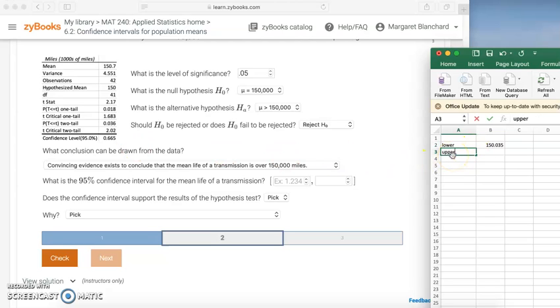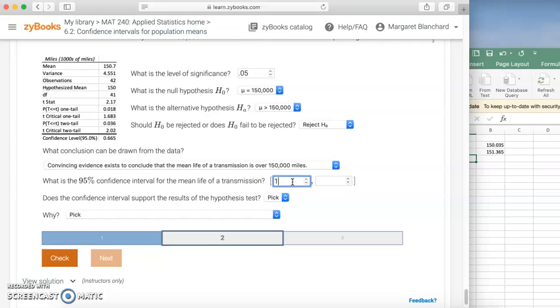Then our upper bound is going to equal that same thing, except now we're adding them. Again, we're going to take 150.7, and we're going to add that margin of error. All right, so let's go ahead and put those in. We have 150.035, 151.365. And then it says, does the confidence interval support the results of the hypothesis test?